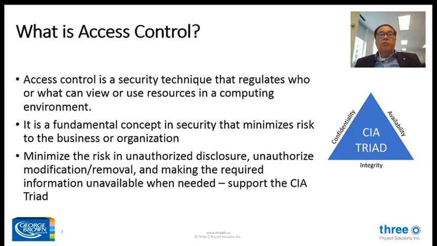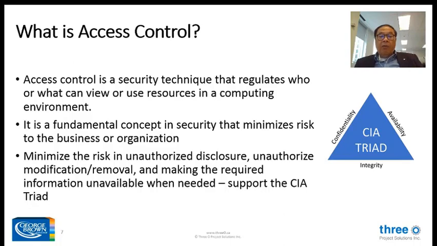Okay, so what is access control then? Access control is a security technique that determines or regulates who and what can view or use resources in a computing environment. So who can access and what this person can access is what we talk about when controlling access. Okay, controlling who and controlling what. It is also a fundamental concept in security that minimizes risk to the business enterprise or organization.